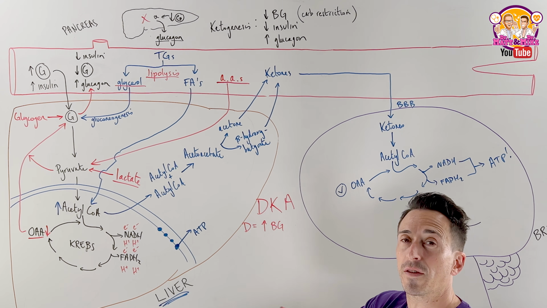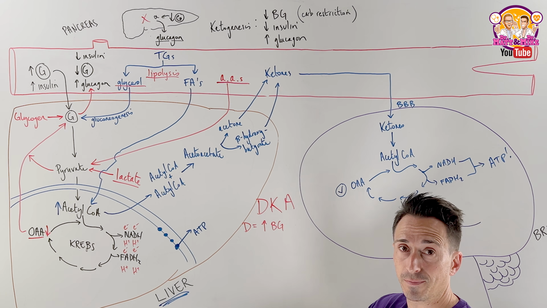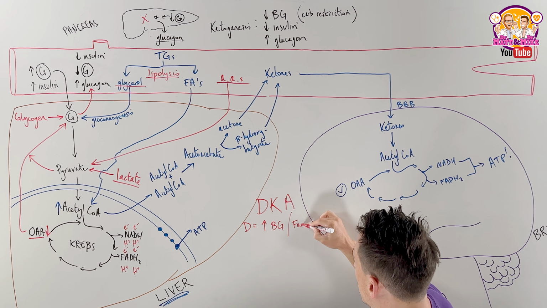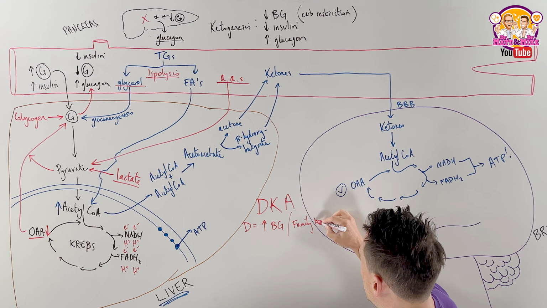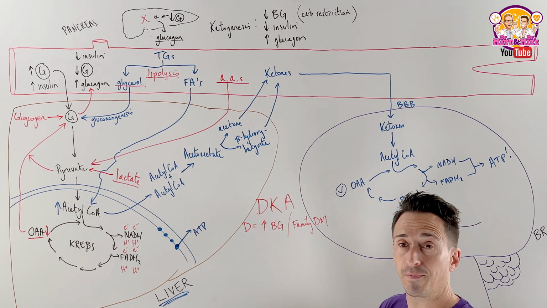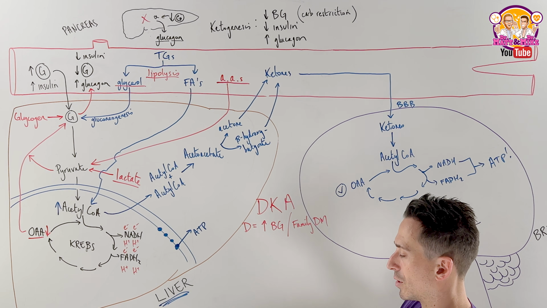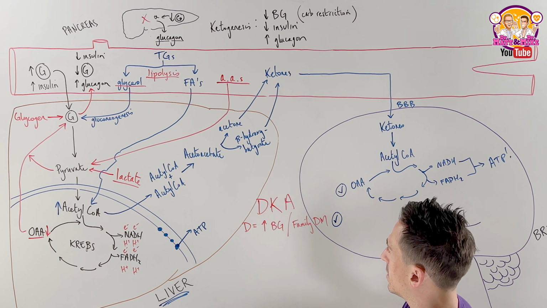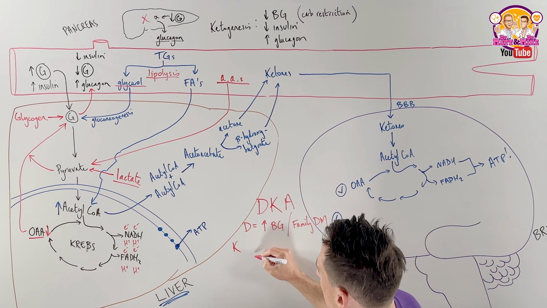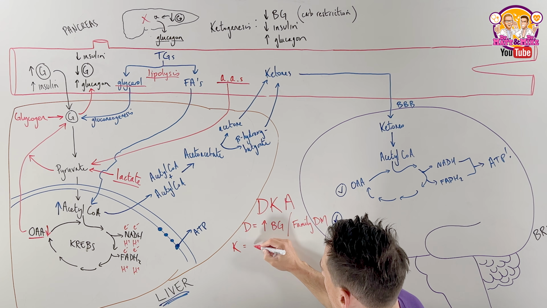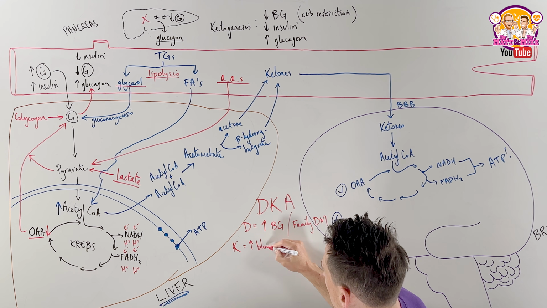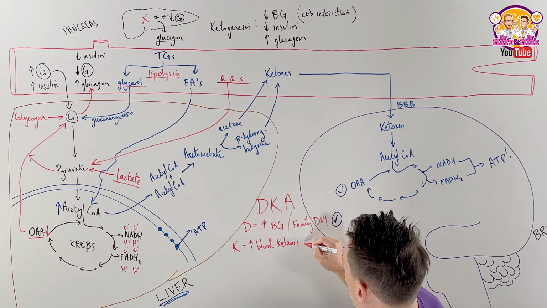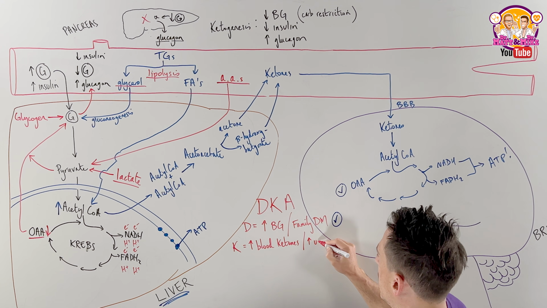If we don't know that they've got a diagnosis of diabetes, maybe they've got high blood glucose and a family history of diabetes mellitus. So they need to tick that box. The second box they need to tick is the K. Now the K is the ketones. So they need to have high blood ketones or high urinary ketones.